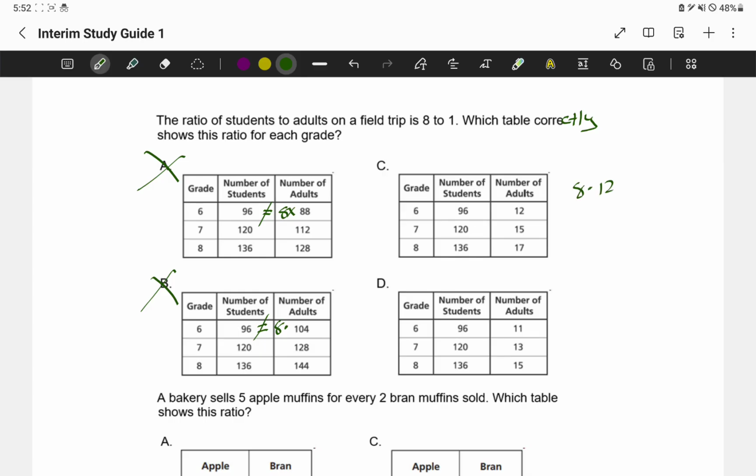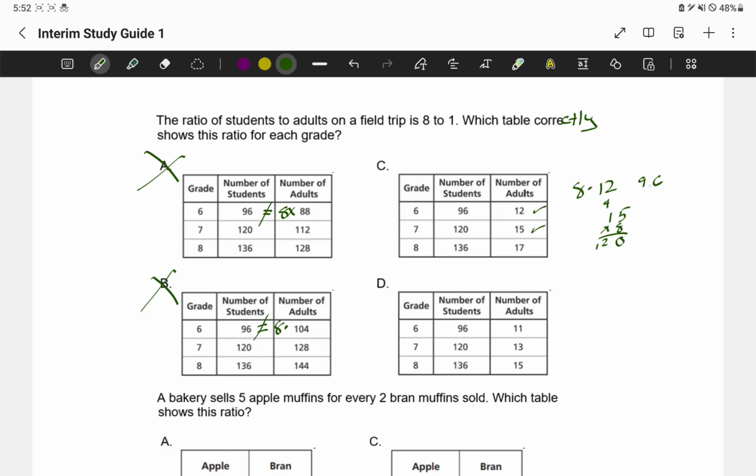8 times 12, well, 8 times 2 is 16, carry 1. 8 times 1 is 8, plus 1 is 9. So, yeah, that one works. 8 times 15. 8 times 5 is 40. 8 times 1 is 8, plus 4 is 12.